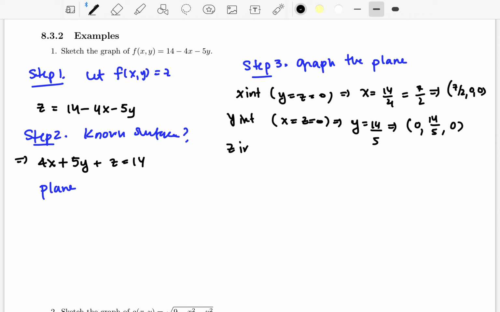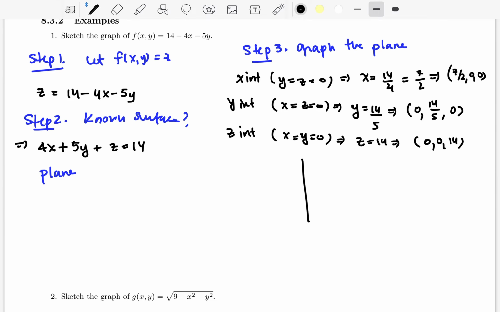And then finally my z-intercept comes when x and y are equal to 0. I go back to my plane, make x and y 0, and that gives me z equals 14. So the intercept is 0, 0, 14.